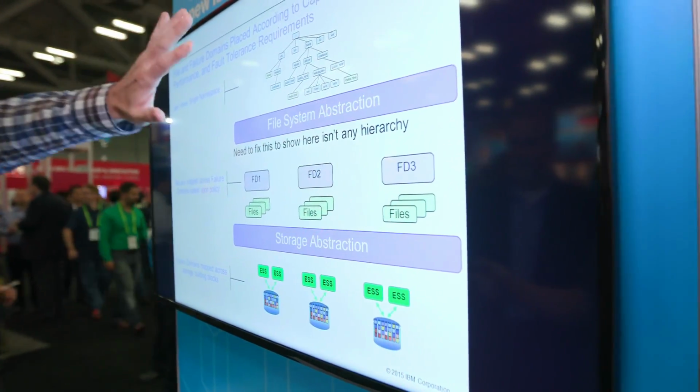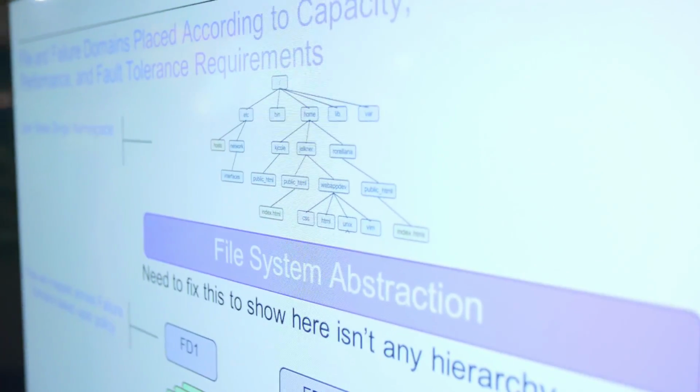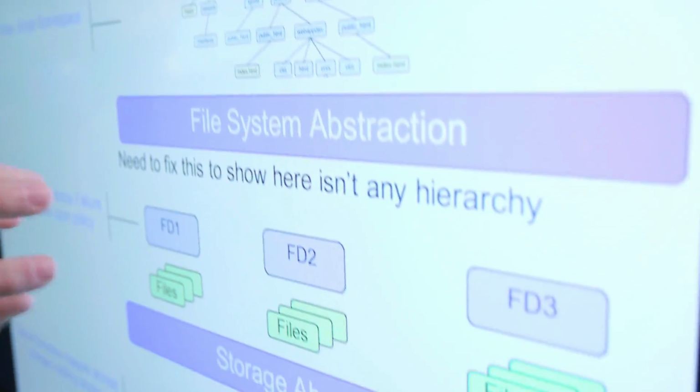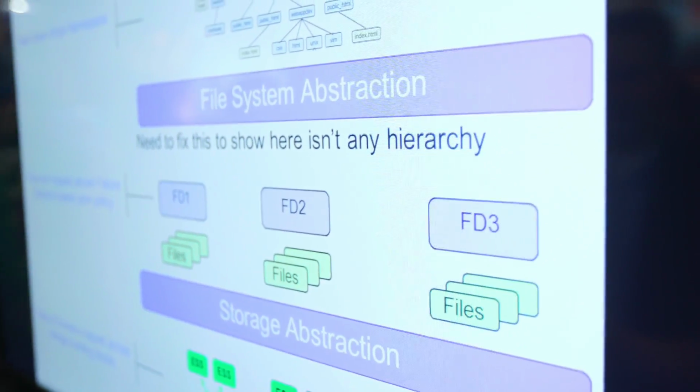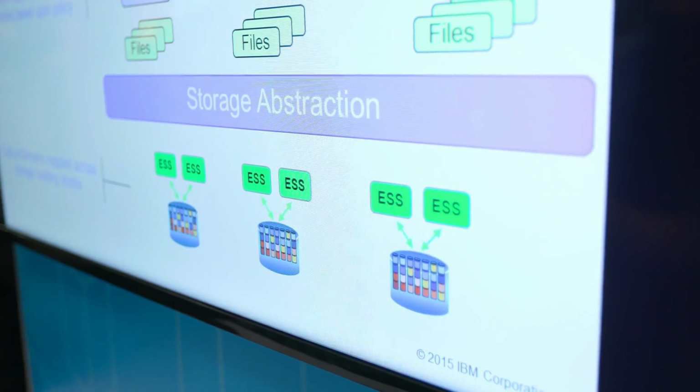You can take the file system tree that exists at the top, and that's what the user sees, and then compose that into a series of failure domains down at the middle layer, and then abstract that set of files and data down onto your physical storage system. So in this example with Spectrum Scale, all of the data is stored in the Spectrum Scale system and then stored on the actual physical ESS hardware at the bottom.